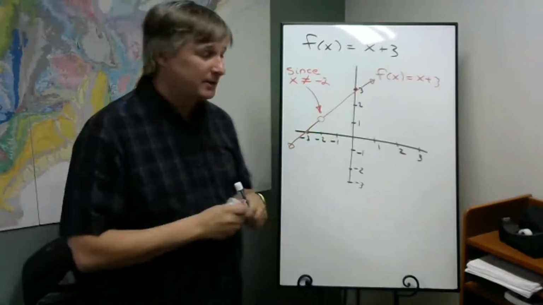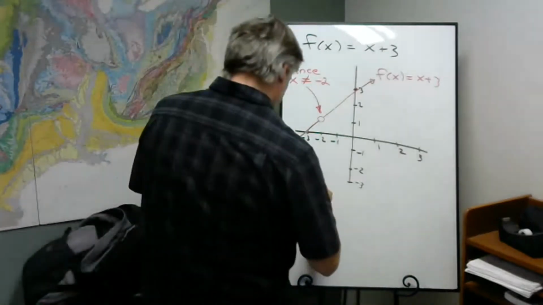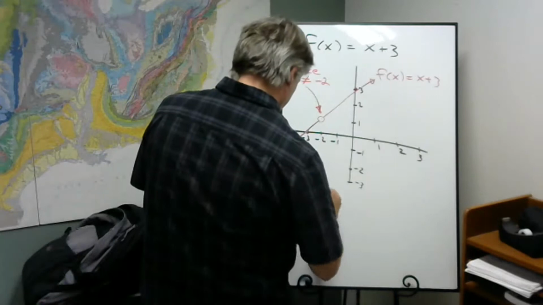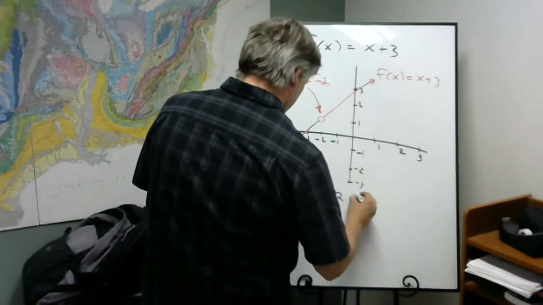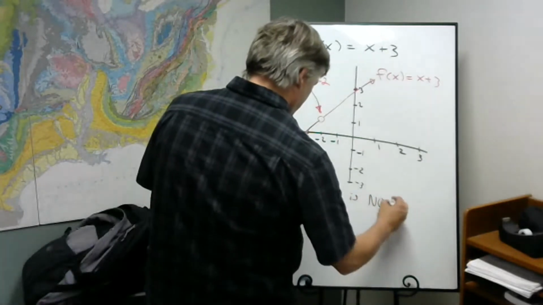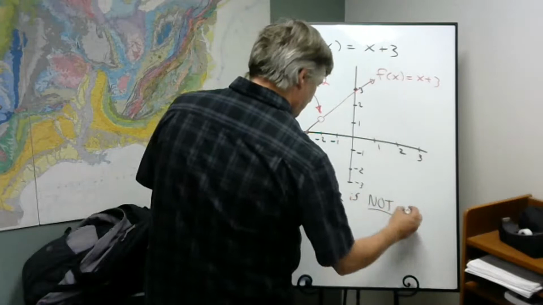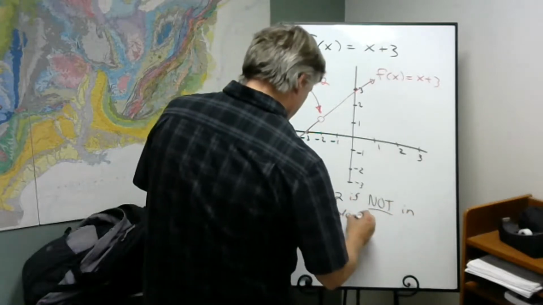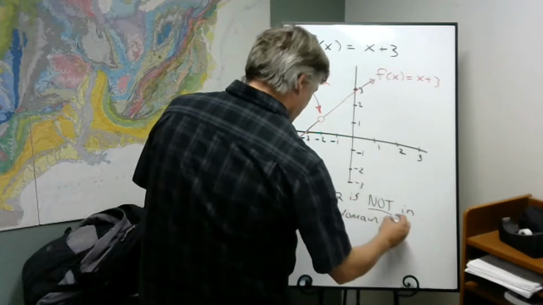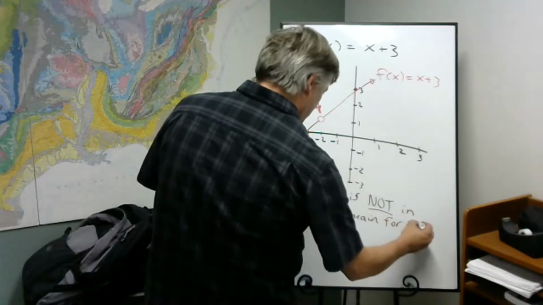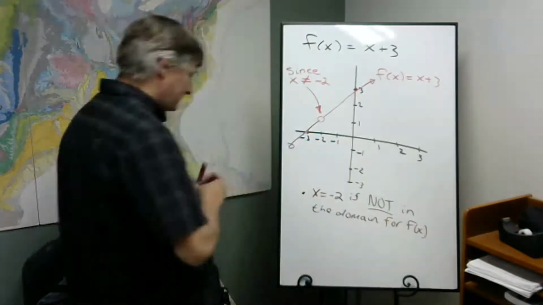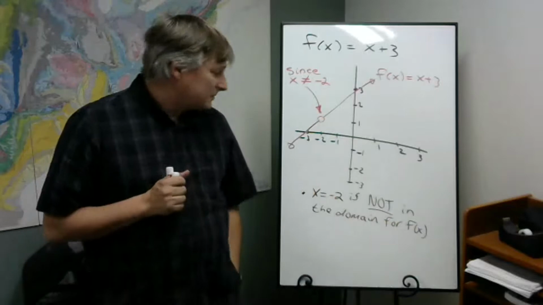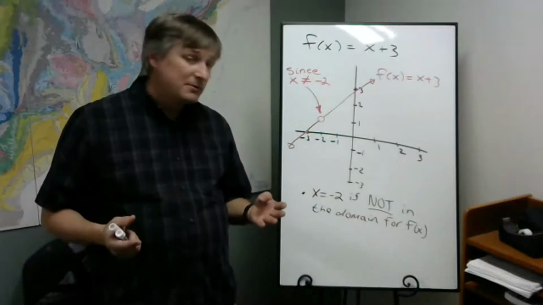And that's because of the domain. So x equals -2 is not in the domain.